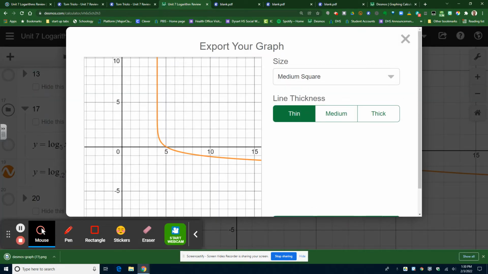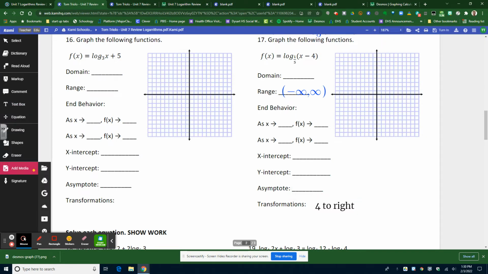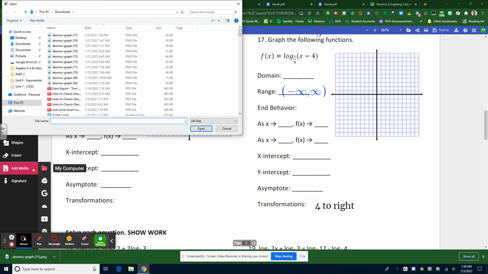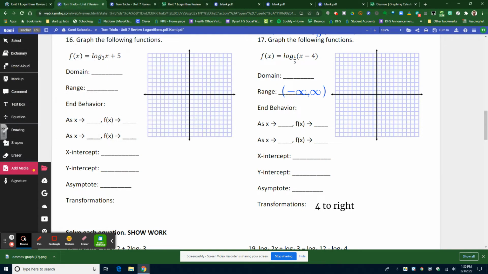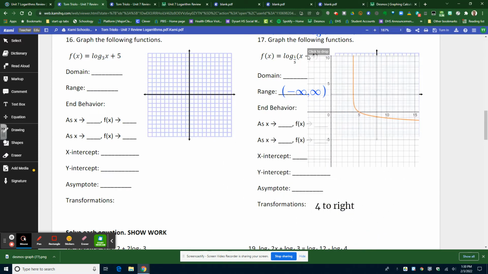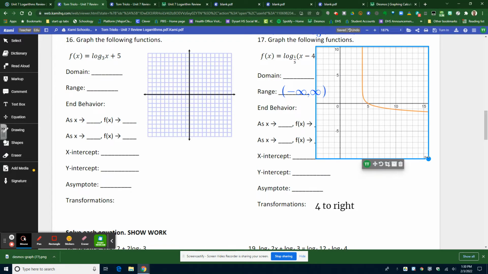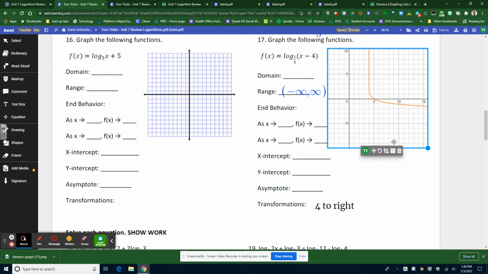Did it download? Yeah, download. Okay. So I come back here. I add from my downloads folder graph number 77. Move it over here-ish. I'm just going to make it a little smaller so I can answer the questions.